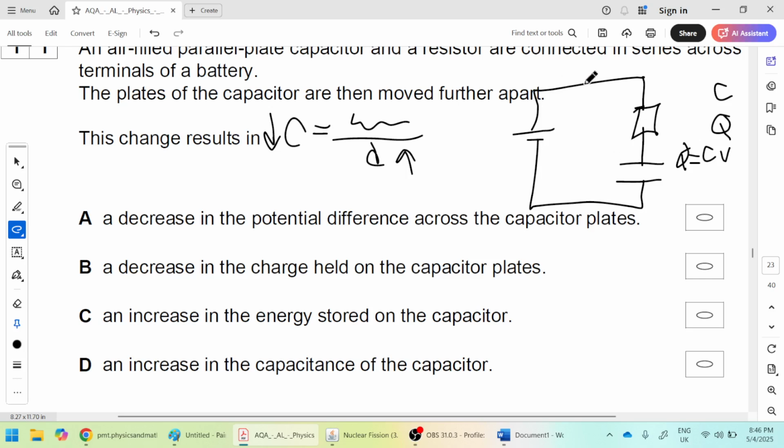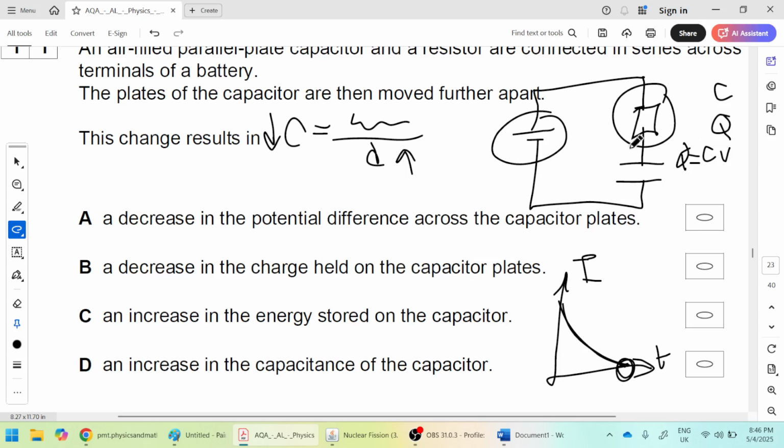You know the charging and discharging current versus time graph. So ultimately the current is zero, which means the voltage across the resistor drops to zero, which means the full voltage of the battery acts across the capacitor.